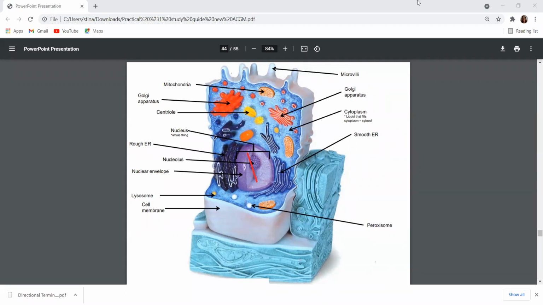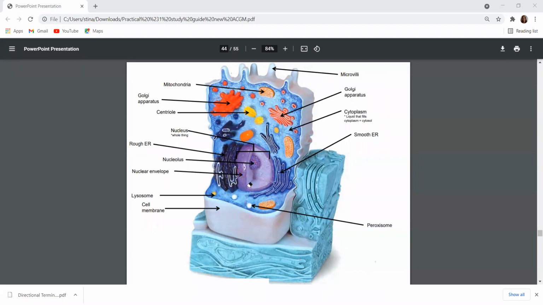Or if I put that to identify this specific thing right here that I'm putting the red mark on, this specific organelle or cell part would be the nucleolus. Or if I put number 2, identify this covering or layer, that covering or layer would be the nuclear envelope.